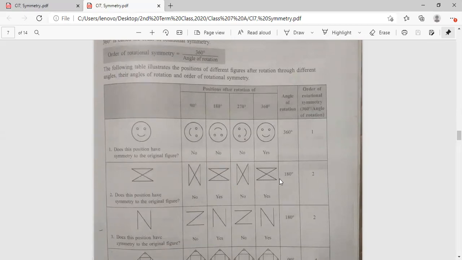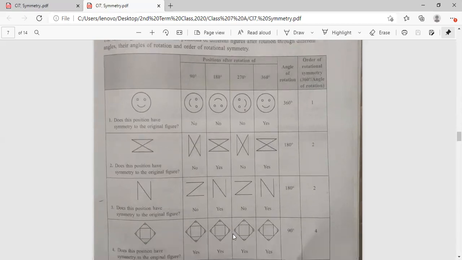So your angle of rotation is 180. So you can do 360 by 180, that is 2. Or you can see, till it completed one full rotation, how many times it looked exactly the same as the original one? 2 times. So you can do it directly that way also.